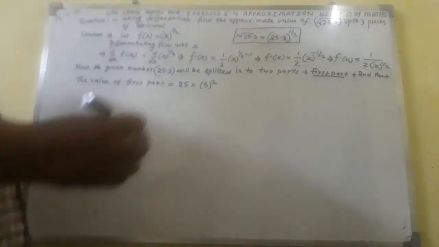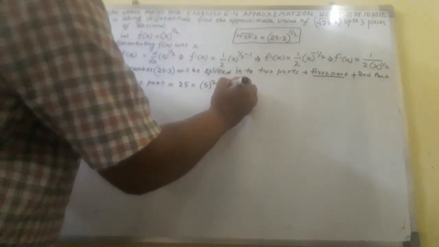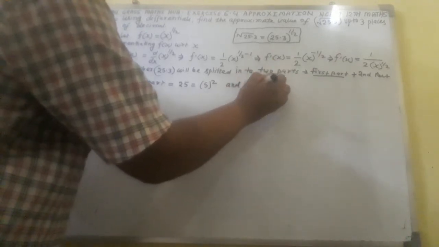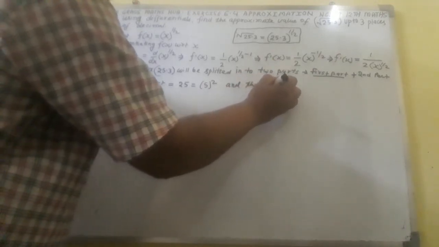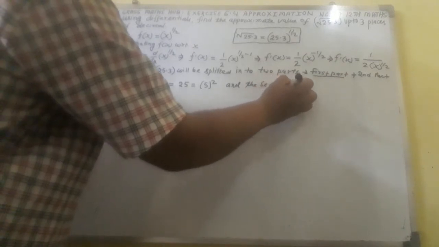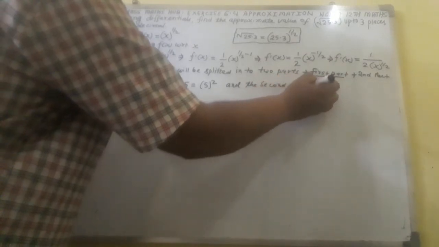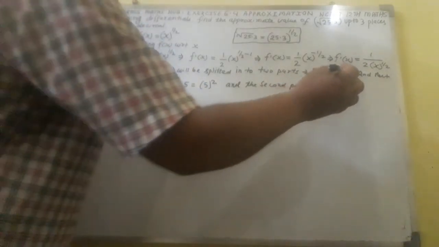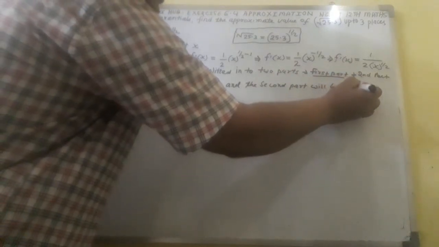First part, then the second part will be 0.3. Second part will be 0.3.